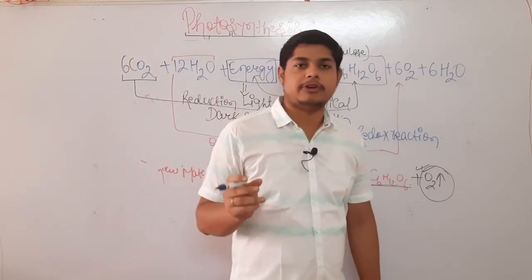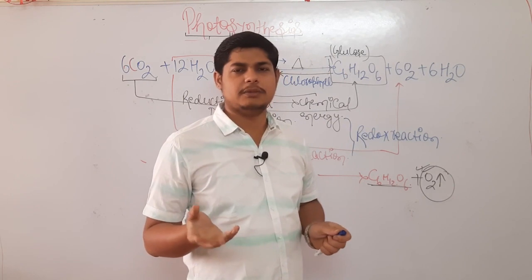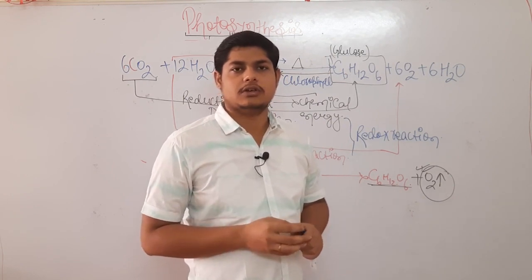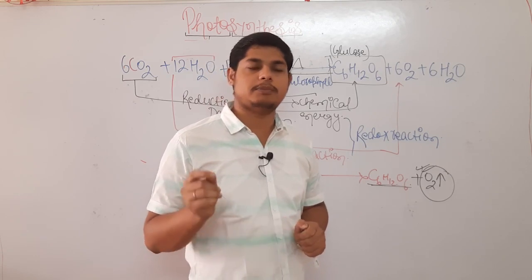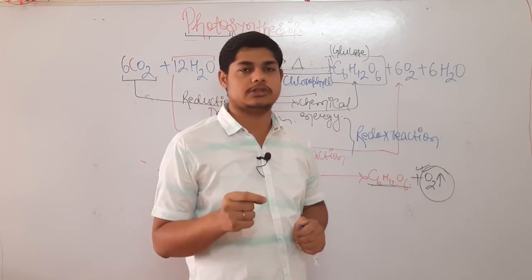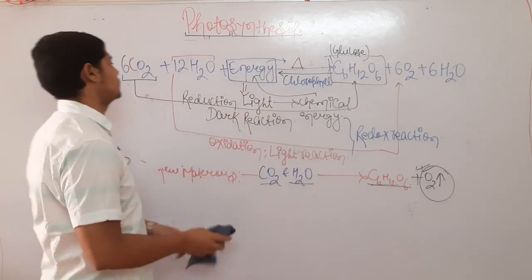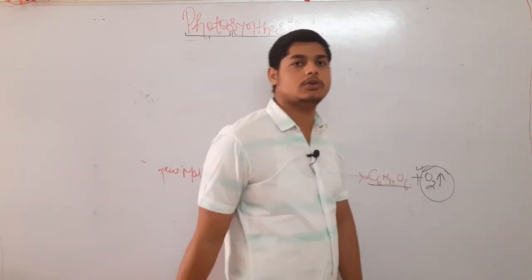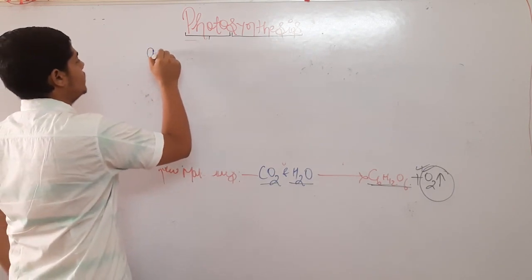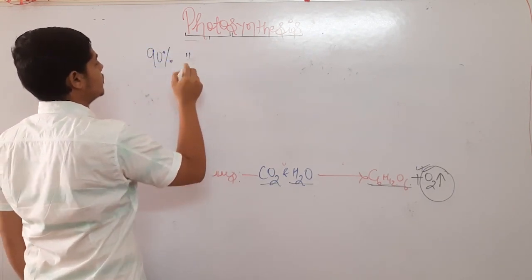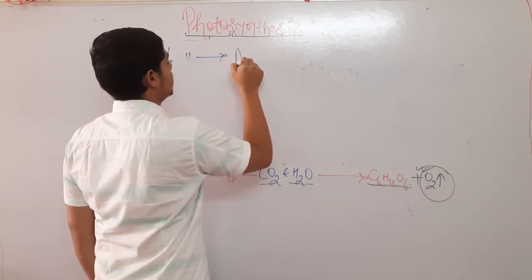If you look at some facts about photosynthesis, like what is Euglena, what is mixotrophic nutrition, and what are some exceptions in which the roots also photosynthesize, we should have a look over it. About 90% of photosynthesis is carried out by aquatic plants.